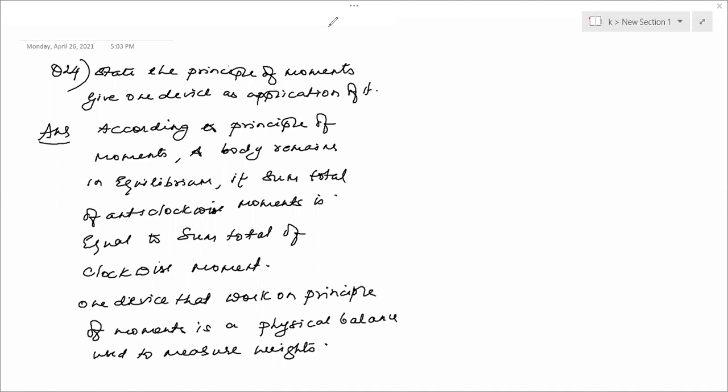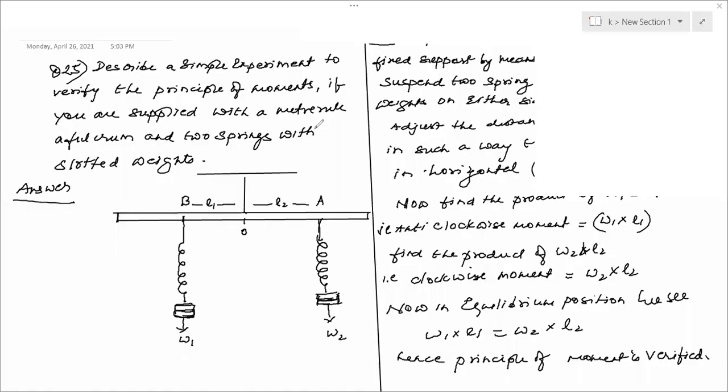Okay, children, now we go to the next question, question number 20. Describe a simple experiment to verify the principle of moments. You know what the principle of moments is? Anticlockwise moment equals clockwise moment.